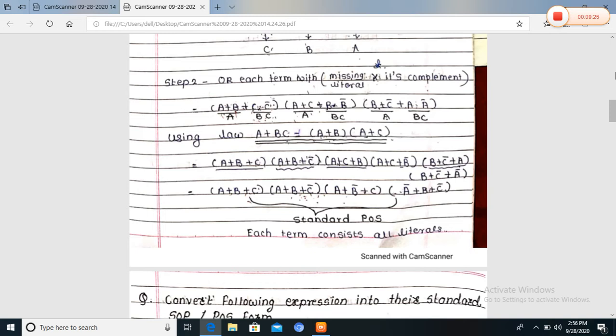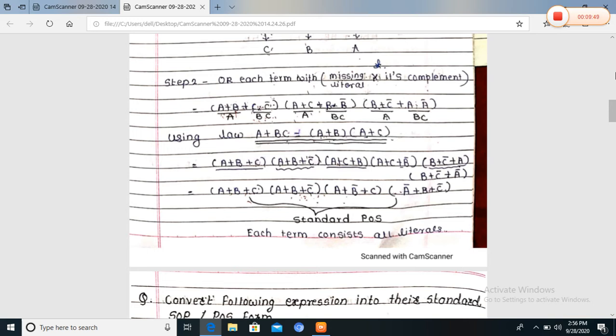This law is applied to all terms. In the first term, A + B is considered as A in this Boolean law, and BC is C·C bar.